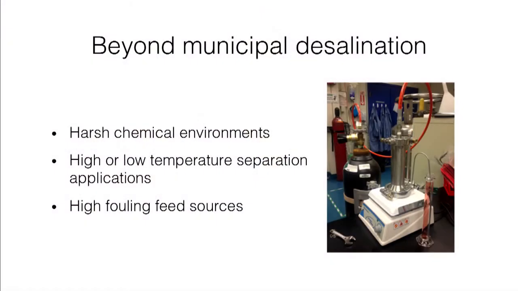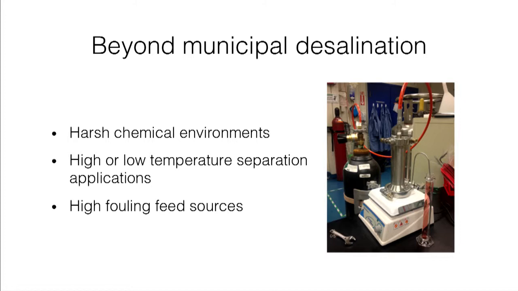Moving to just finish up, I think one of the important takeaways that we've learned is that the performance benefits of reduced graphene oxide membranes actually extend beyond municipal desalination. And the reason for that is the phase space in terms of where membrane applications or membrane separation can actually be applied is a much larger space with graphene-based membranes.